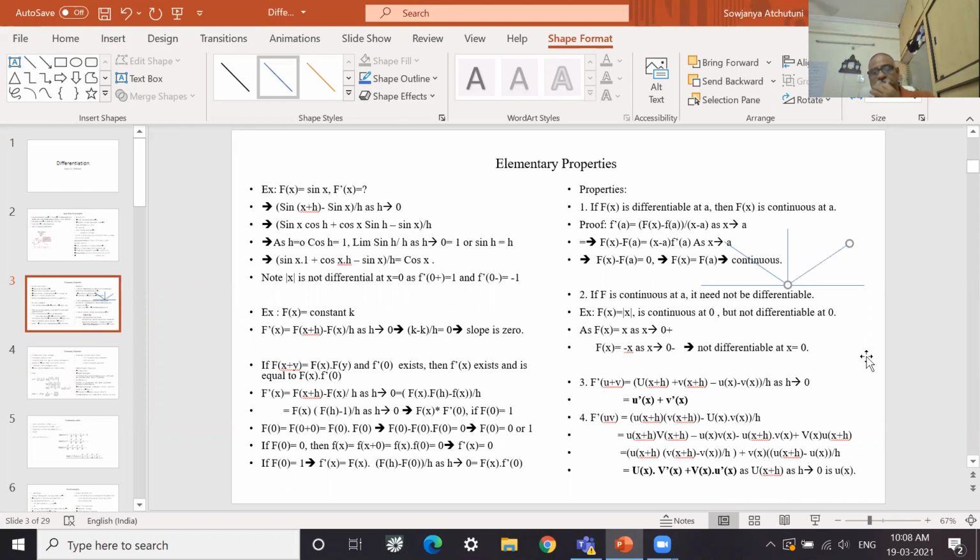So this is mod x. At every point you have f'(x). Here it is a negative slope, here a positive slope. But at 0, f'(x) is showing both negative and positive slopes. So f'(x) does not exist for f(x) equals mod x. Even though this is a continuous line, with no discontinuity, the differentiation is not available here.